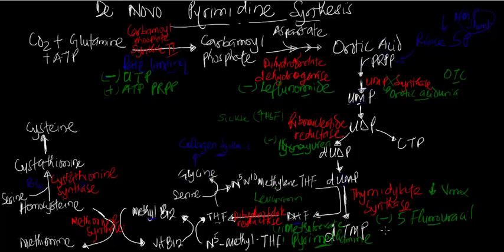And the last drug that also inhibits this pathway is trimethoprim. Trimethoprim is an antibiotic, so this one is inhibiting prokaryotic or bacterial dihydrofolate reductase. And don't forget you can combine this one with other drugs.